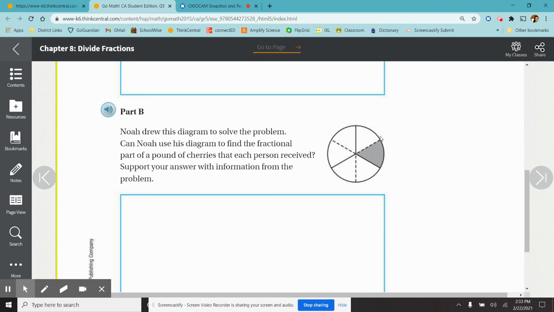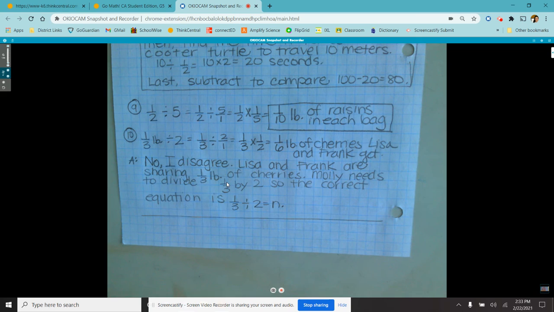And so if we have a third, and I took a third and I cut it in half, that would be a 6. Actually, that's correct. Yes, this can work. I do not have room to write it on my paper, so I'm going to write it on another piece of paper, and that makes more sense. So that's A.